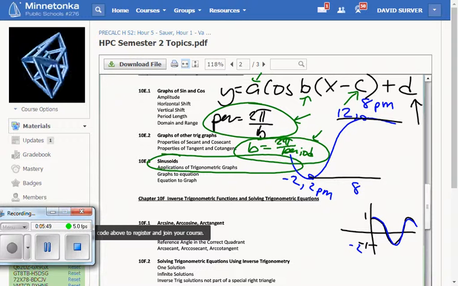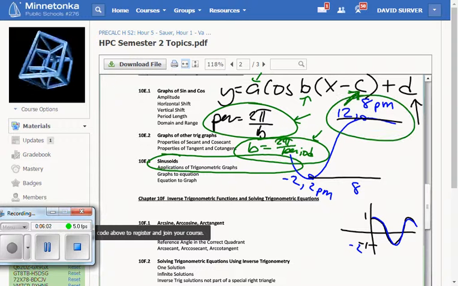Do you remember that that always has to do with the peak in the example you were given? In case you forgot, this number has to do with the peak, the high point, this spot here. And the D, again, has to do with whether this thing has been shifted up compared to where it used to be, or down.